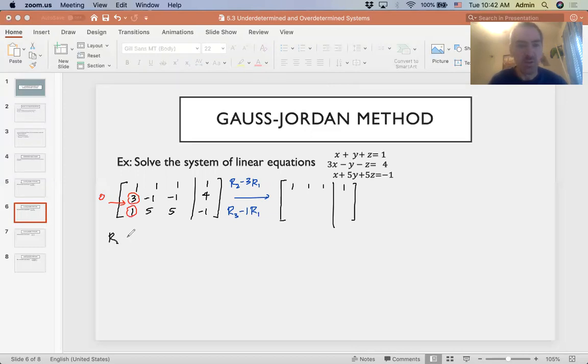All right, so row 2 minus 3 times row 1. Negative 3 times row 1, that's negative 3. All of these are negative 3s. Makes it easy. Now we add this, 3 plus negative 3 is 0, and then negative 4, and 1.